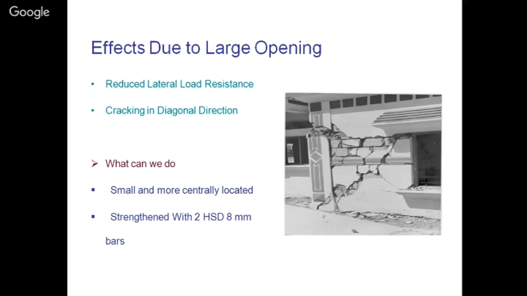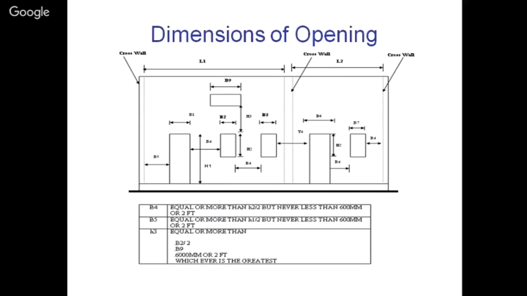These are the specifications which they have given of the steel bars which you can provide around the openings. These are the specifications which I was talking about, Indian Standard 4326: from door to window, what distance you can keep, which makes your building safe towards earthquake, which does not develop critical shears in that part of the pier, and does not make that particular pier vulnerable towards cross cracking.